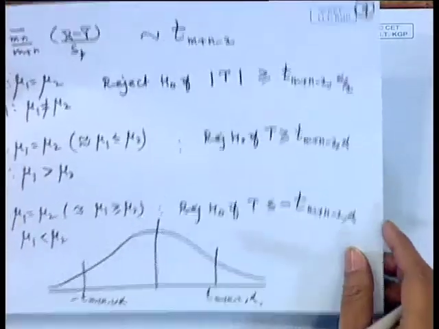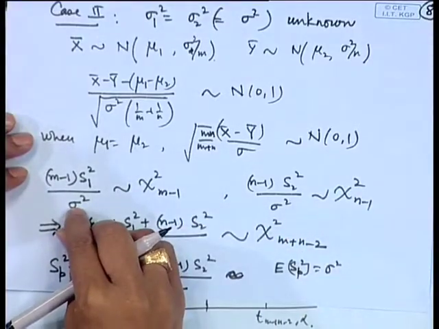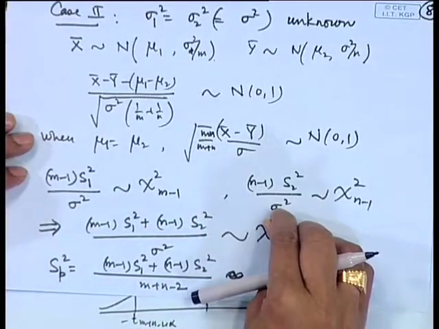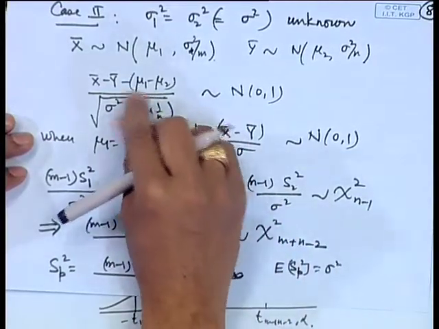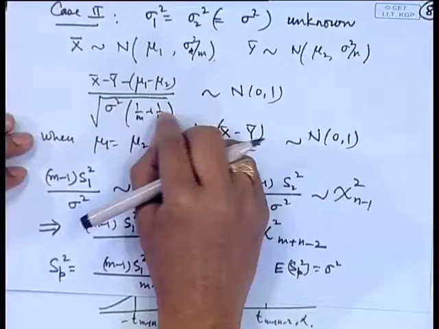On the other hand, there may be a situation where sigma 1 square and sigma 2 square may not be equal. They may be unknown as well as unequal. If that is so, then we may not be able to merge them here. For example, here we will have sigma 1 square and here we will have sigma 2 square. Likewise, here also we will have sigma 1 square by m plus sigma 2 square by n.